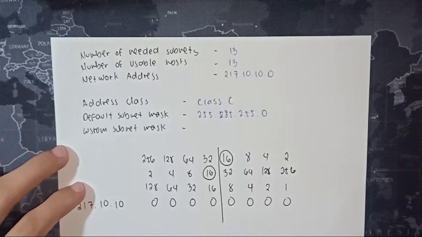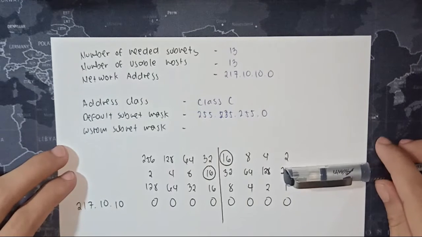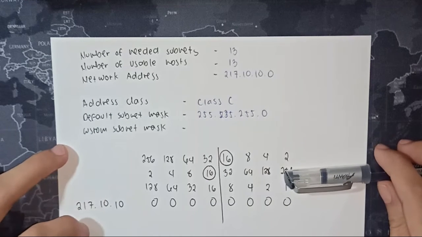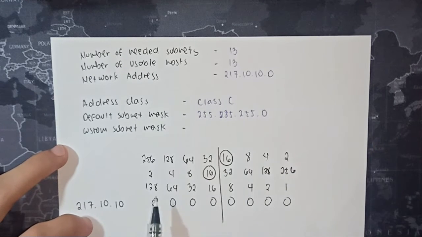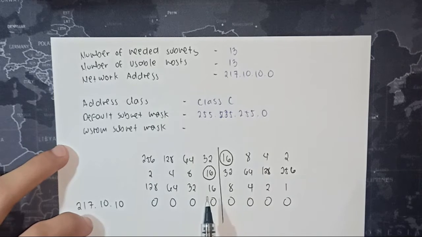So, in getting the custom subnet mask, we're just going to look for the values before the straight line. So we have these 128, 64, 32, and 16.